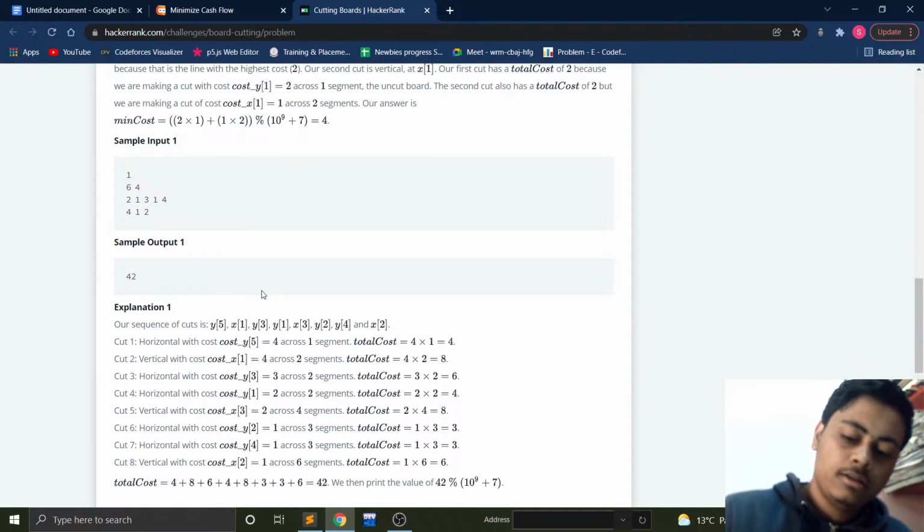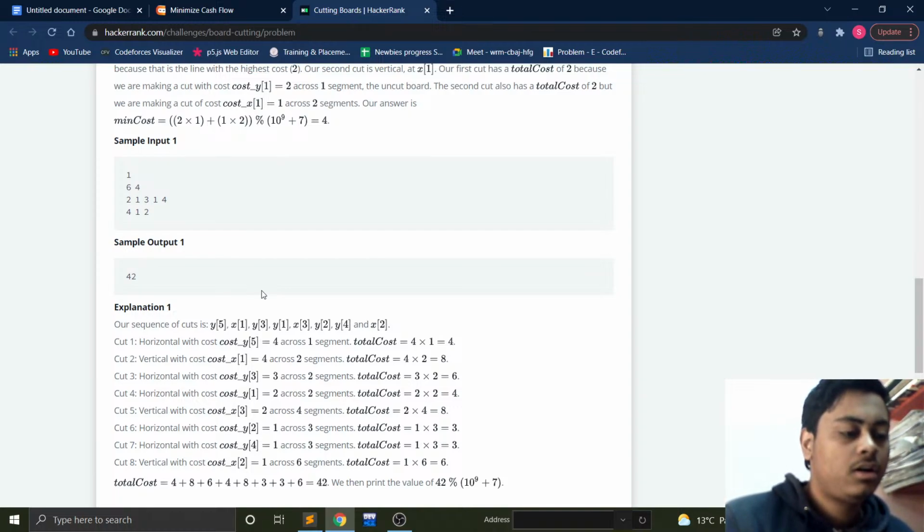Then x3. Then y2. Then y4. And then x2, 8. It is cutting in the sorted order.